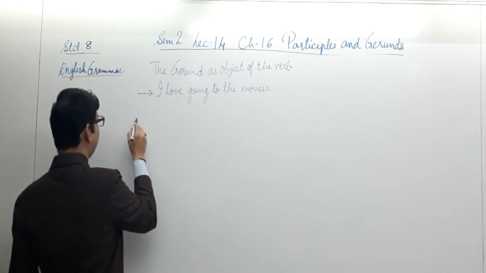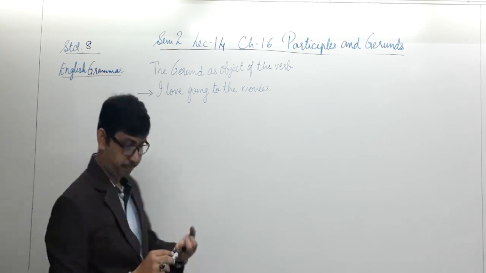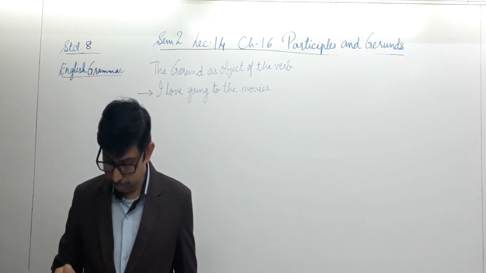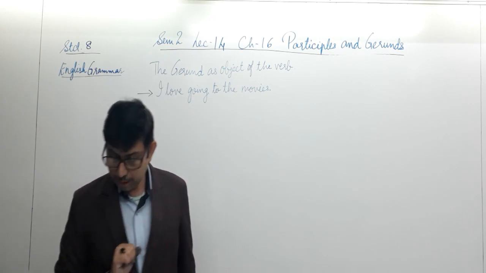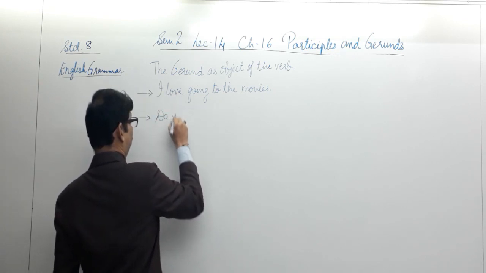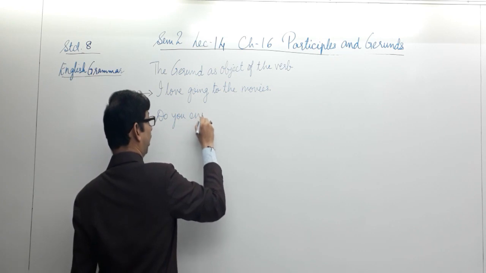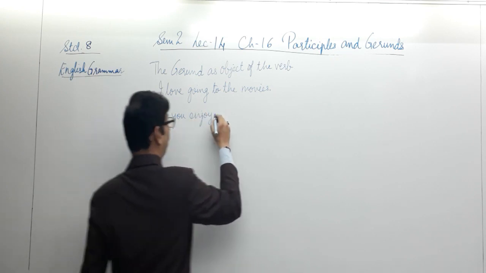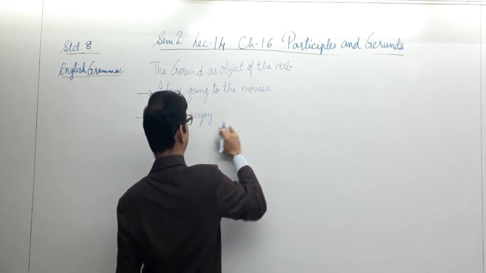Let's take another example. Similar type. Gerund as an object of the verb. Do you enjoy working in retail? Well, to ask a question, do you enjoy working in retail?